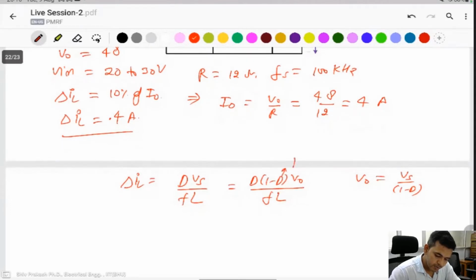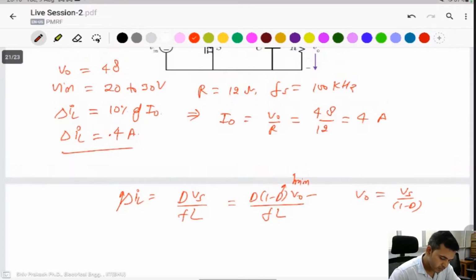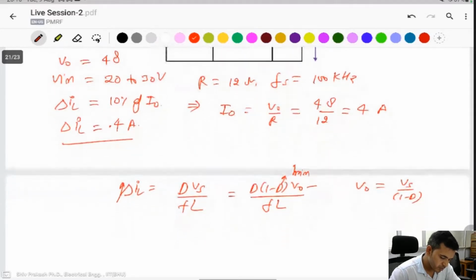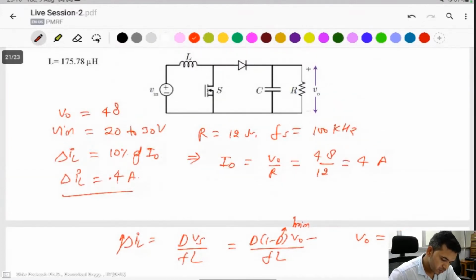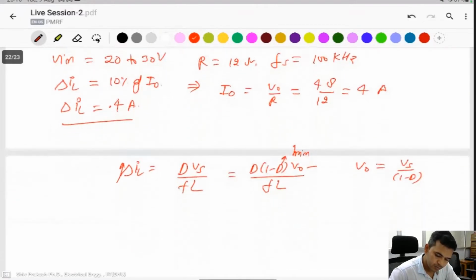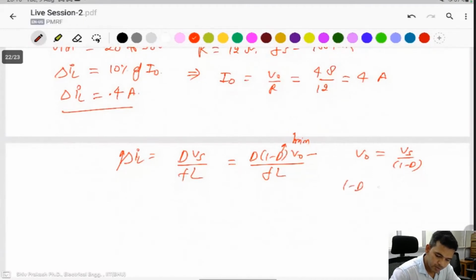Take D as minimum. For this value we have maximum V naught given out, and find 1 minus D is equal to Vs divided by V naught, and D is equal to 1 minus Vs divided by V naught, that is V output minus Vs divided by V naught.